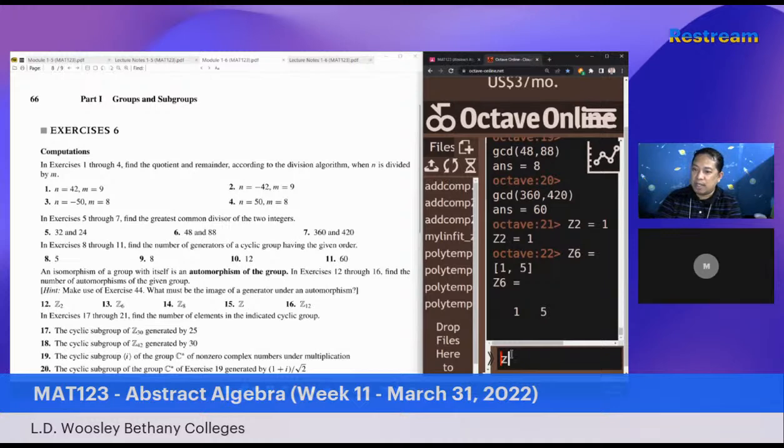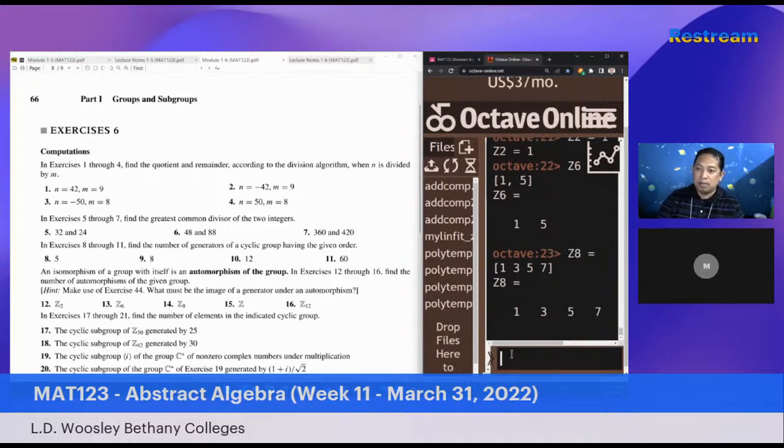And then yung C sub 8, ano yung generator niya? 1, 3, 5, 7. Alright, 1, 3, 5, 7 for Z8. Now for Z, no? For Z, so more on infinito, so it's 1 and -1. So dalawa ang generator niya.